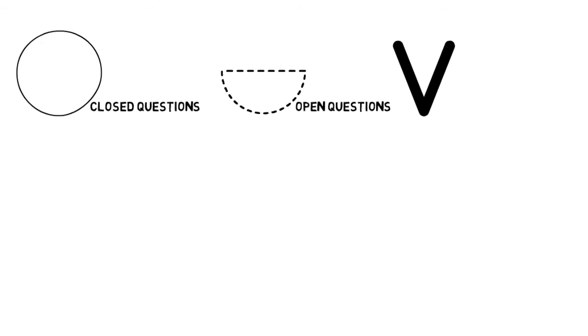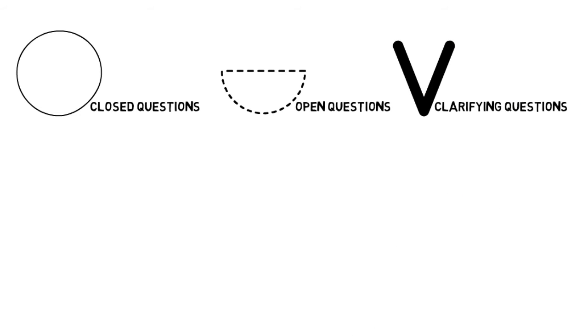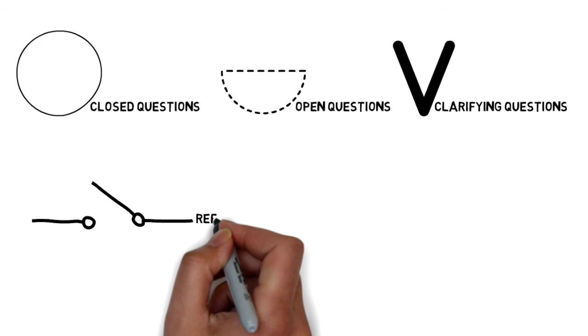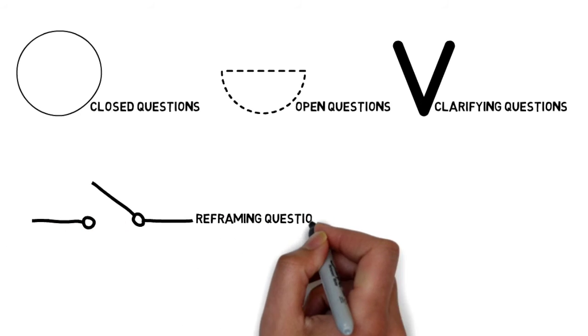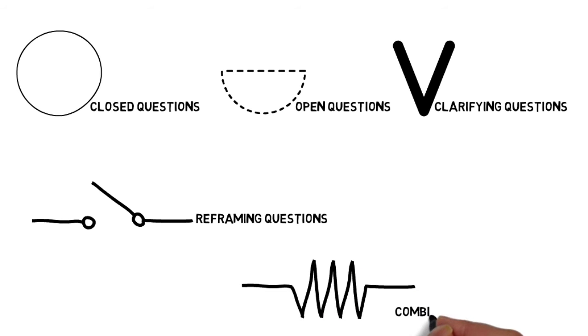You might also want to consider clarifying questions, that is, questions to gain better understanding or to make comparisons, such as which is better, A or B. There are also reframing questions, that is, using the conjunction if to reframe the mind of the customer.